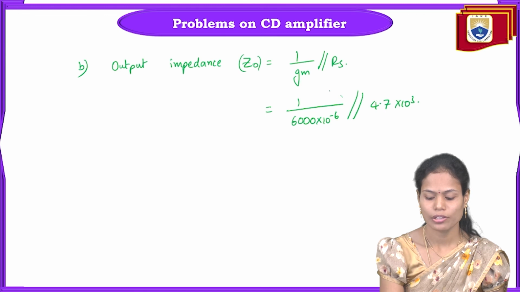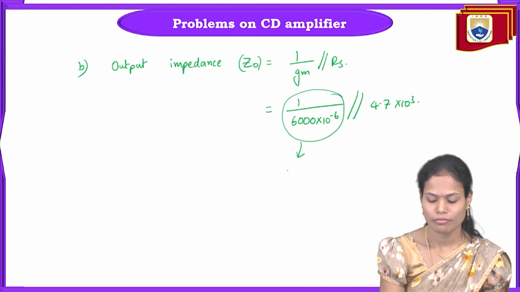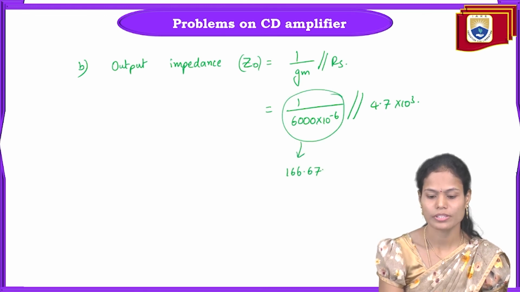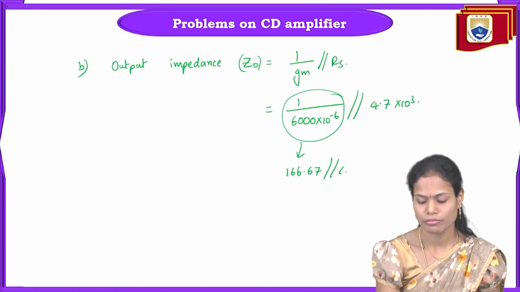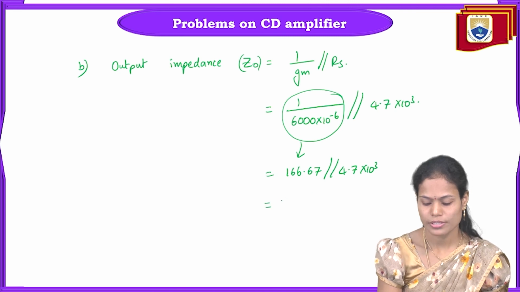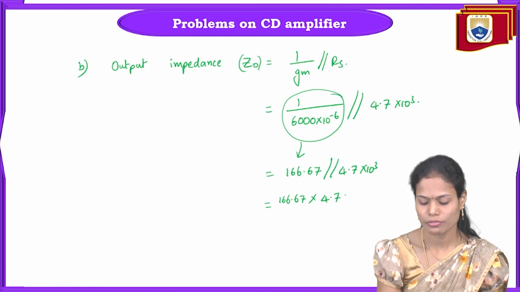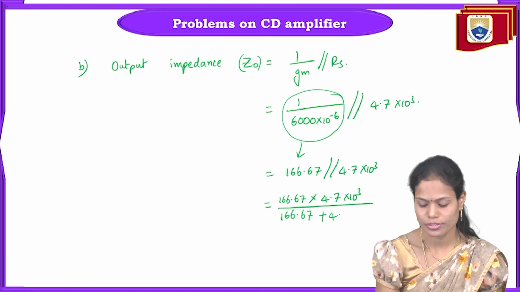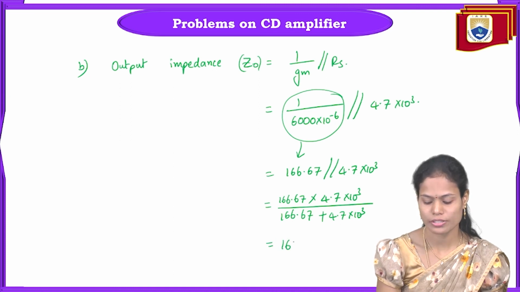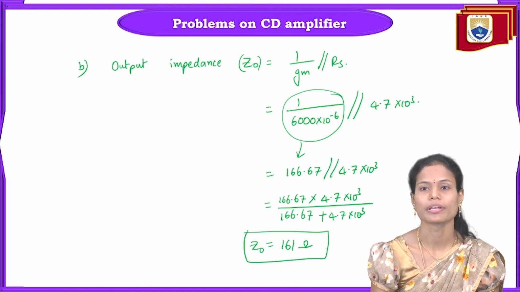So this value we will get as 166.67 parallel with 4.7 kilo ohms. If we write it as 166.67 into 4.7 into 10 power 3 divided by 166.67 plus 4.7 into 10 power 3, and simplify, we will get 161 ohms as the output impedance.